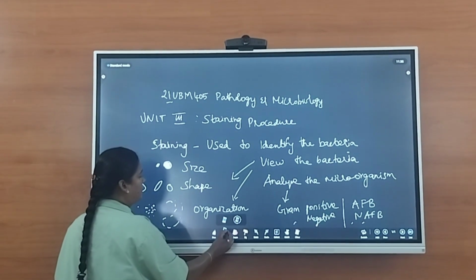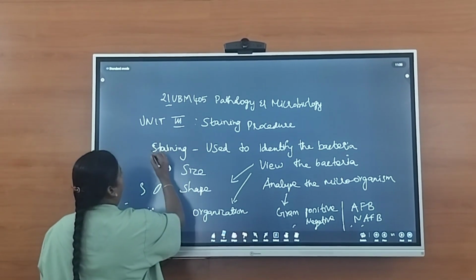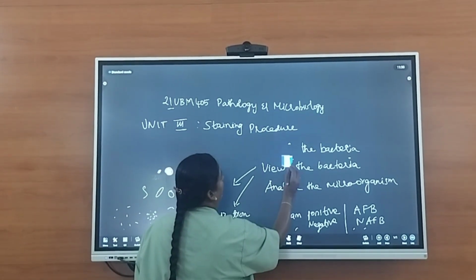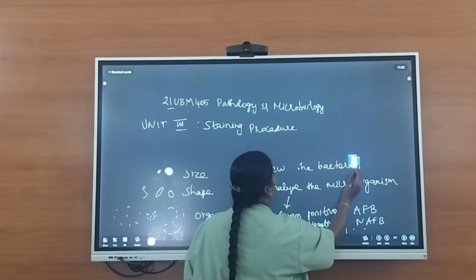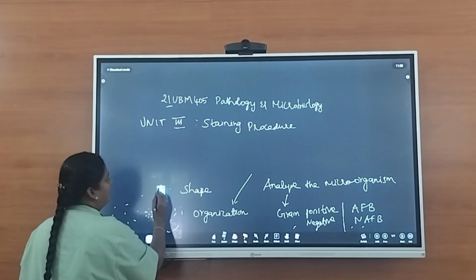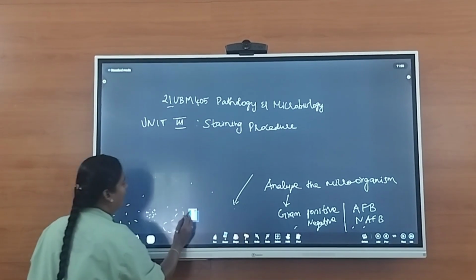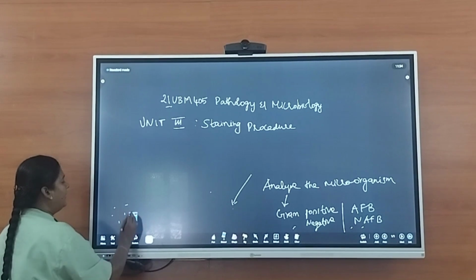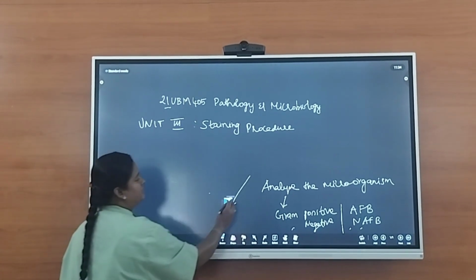So today we are going to discuss gram staining. This is the usefulness of doing the staining procedure. After staining, what are the things we are able to view? In wide application, these are used for identifying disease.